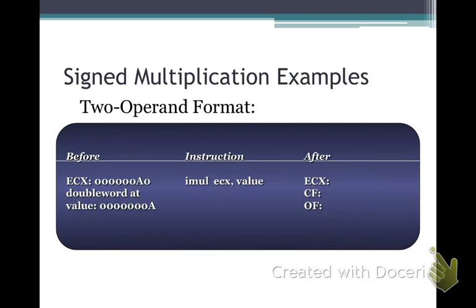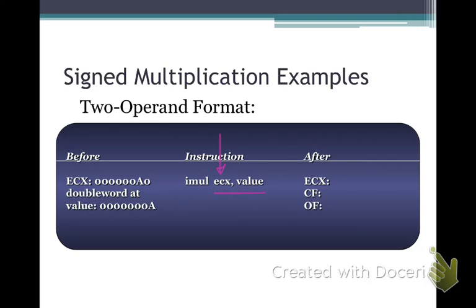Two operand format. In this case, the normal rules for multiplication that we've learned so far are different, because now both operands are, this operates a little bit more like normal addition or subtraction would. I'm going to be multiplying value times ECX, but ECX is also my destination.